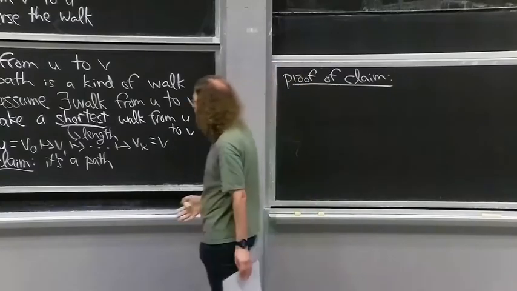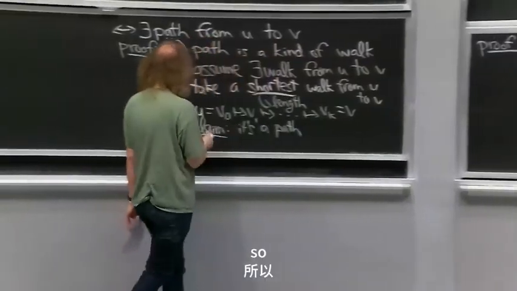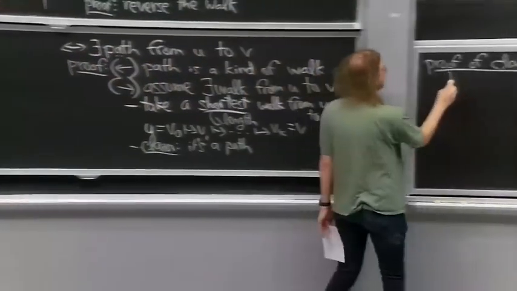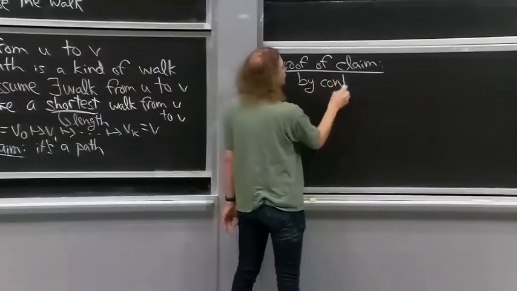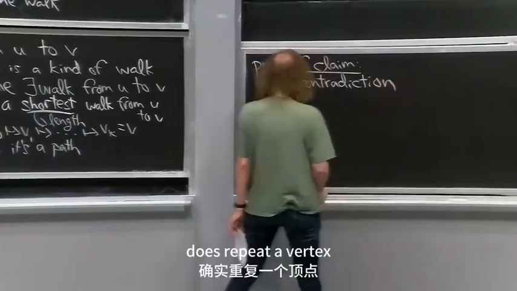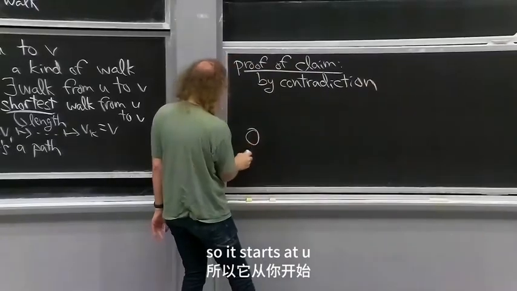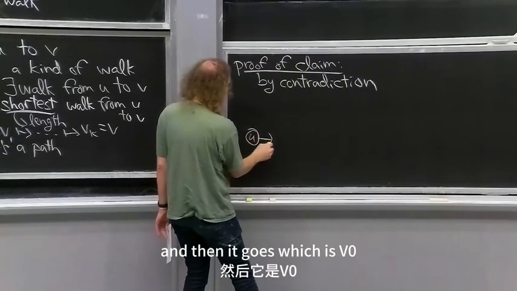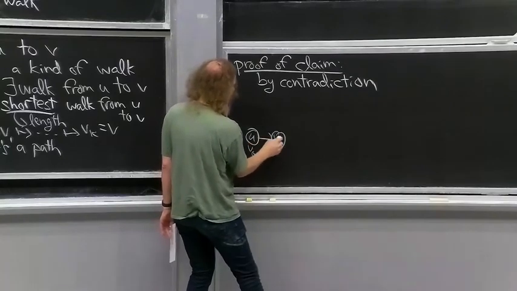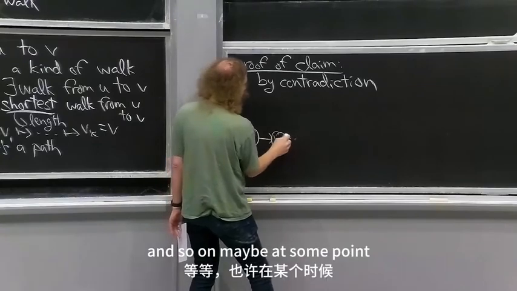So maybe as a picture first. So suppose that, let's do it by contradiction. Let's suppose that the path does repeat a vertex. So it starts at u, which is v0. Then it goes to v1, and so on.